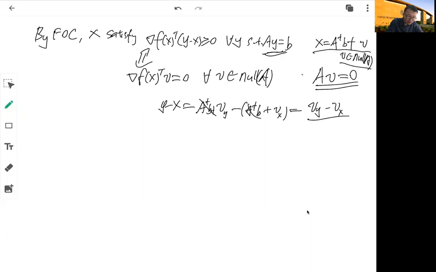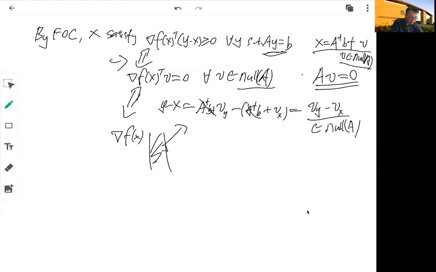Both of these are in the null space, and the null space is a subspace. Therefore this difference is also something in the null space, and you can use differences of this kind to construct any point in the null space, which gives us this equivalence. So now that we have this equivalence, what this is saying is that the gradient of f at x is perpendicular to every single point in this null space, which is saying that it is perpendicular to the entire subspace.